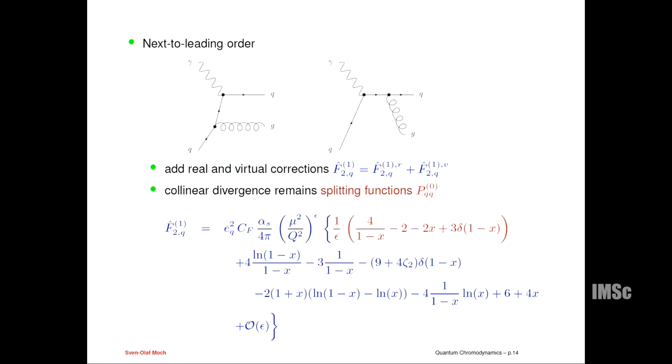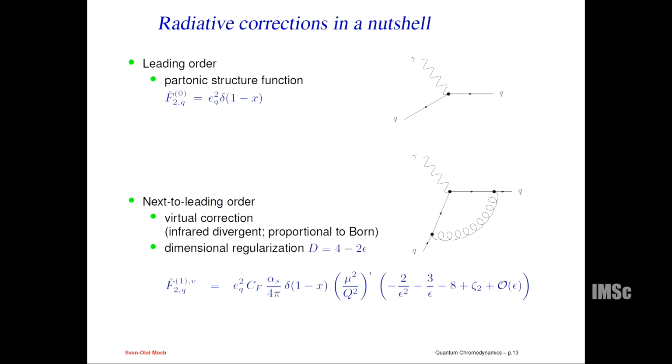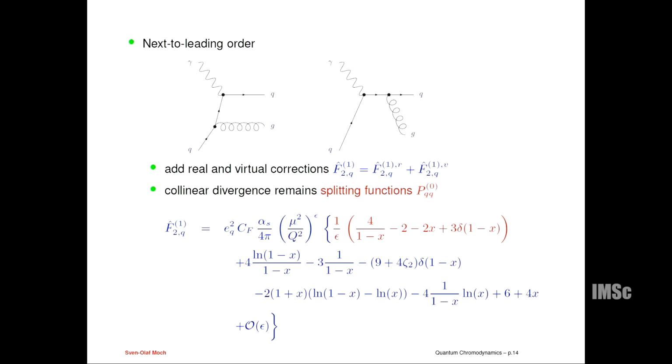And what we see here is that, adding the real and the virtual corrections, the double poles that we have cancel. But then there are single poles in epsilon remaining, with a specific function depending on x. And then there is some finite remainder.